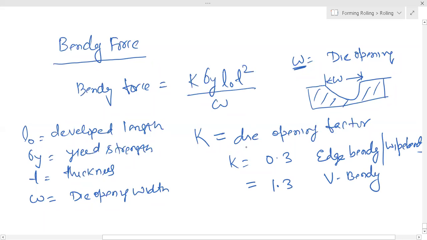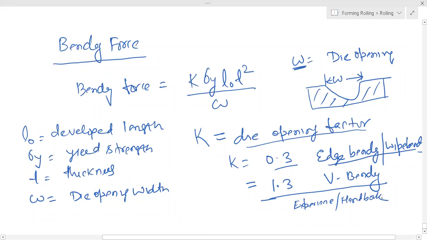So this is called the die opening factor, and K is 0.3 for edge bending or wipe bending, and 1.3 for V bending. This is again from experience and books. So you can estimate bending force if you know this K value, which is generally given.